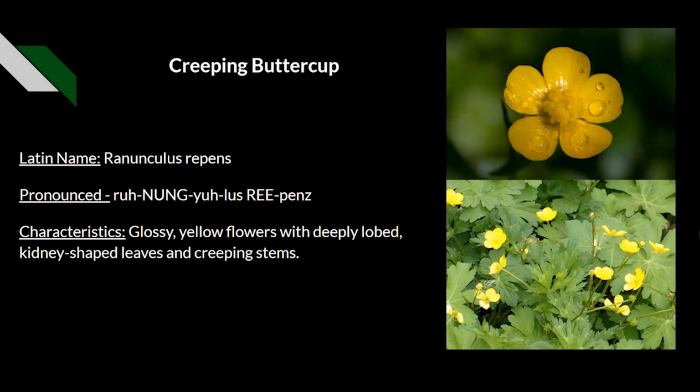The creeping buttercup, also known as Ranunculus repens. Its main characteristics, as most people might know, are those glossy yellow flowers that are deeply lobed, kidney-shaped leaves with creeping stems. They cover quite a large area as well once they're grown to an adult size.